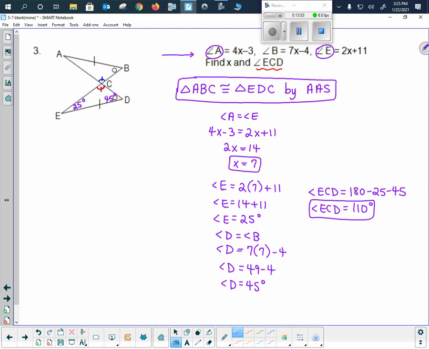Okay, you can verify that, put it in the picture. We're just saying that angle right there, 110 degrees, because those three now add up to 180. All right, that's what you need. Good luck.